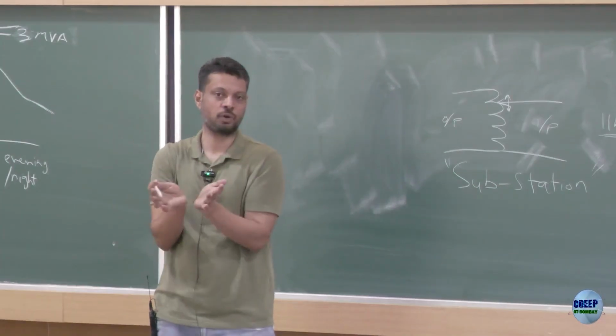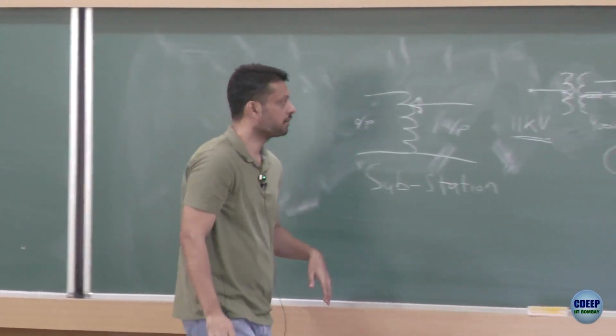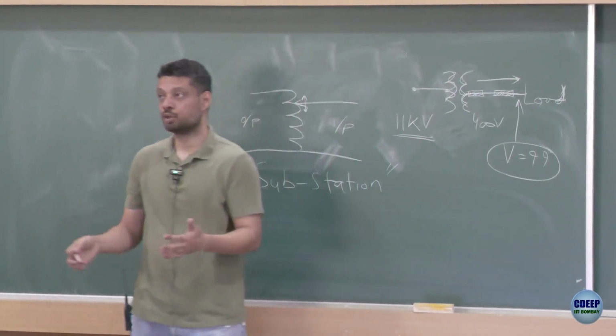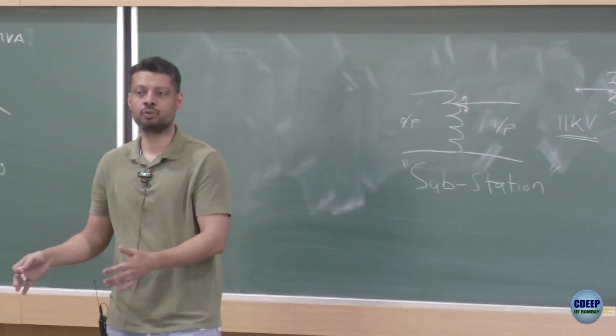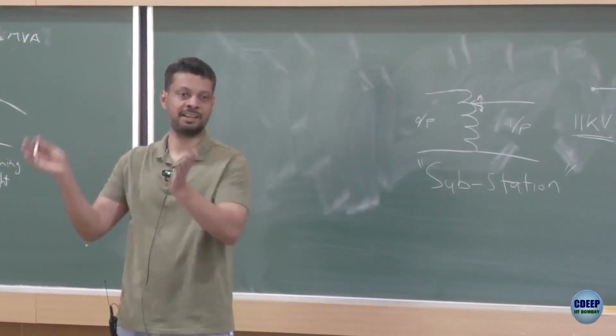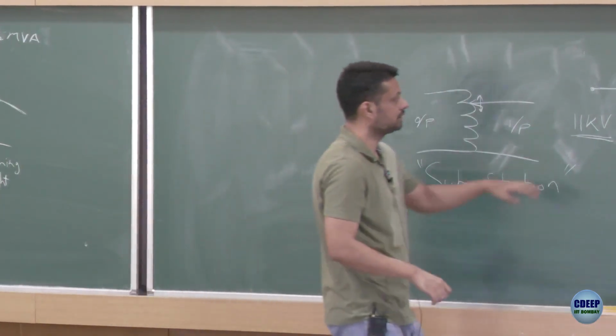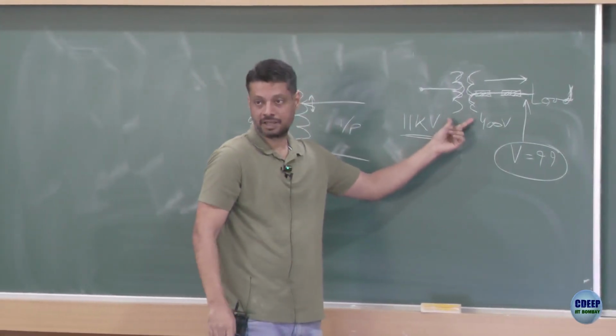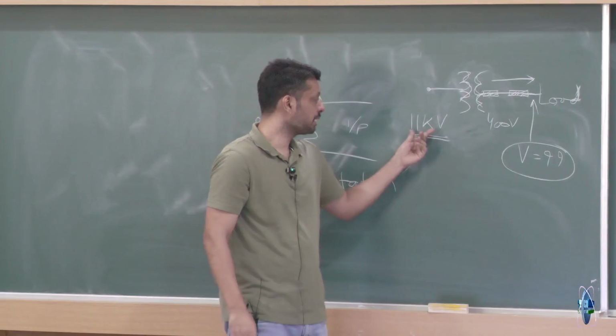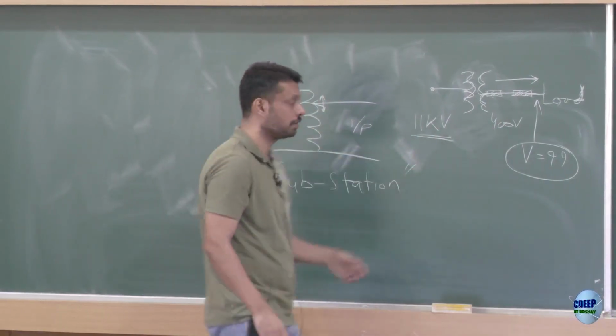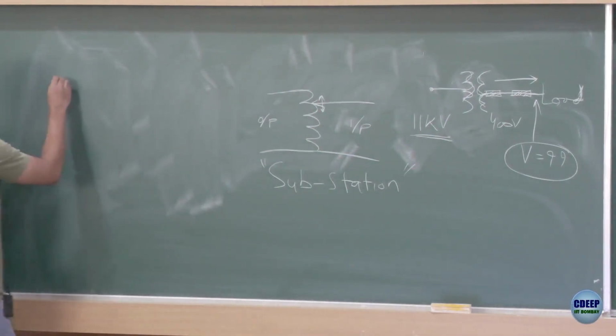That place is what we call a substation. So for example, this building might have a transformer room or a substation somewhere nearby, right? So what you do is, in this big transformer, right, this is a relatively big transformer, it's stepping down from 11 kV to 400 volt, you do something like this.